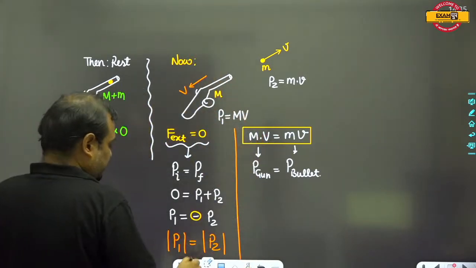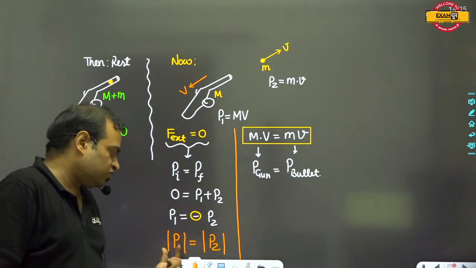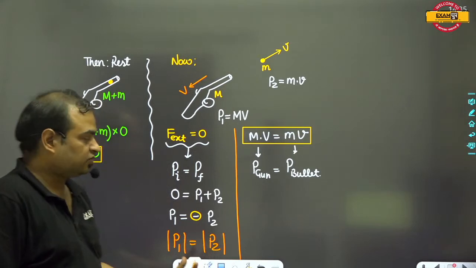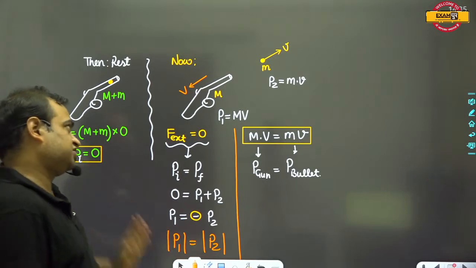Now just see one thing. Here we can see that the values of p1 and p2 are equal, but these are in opposite directions.